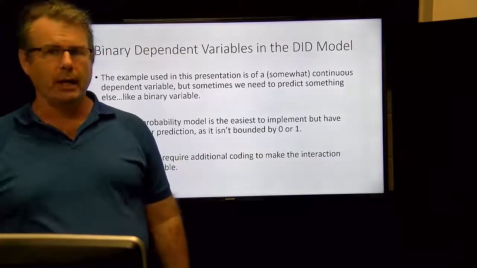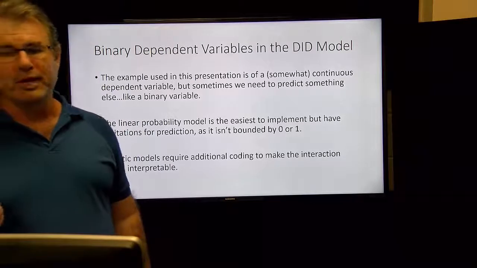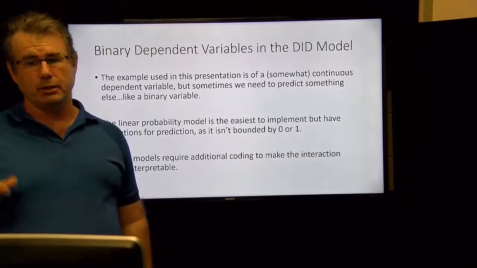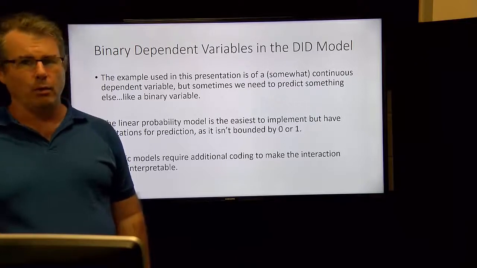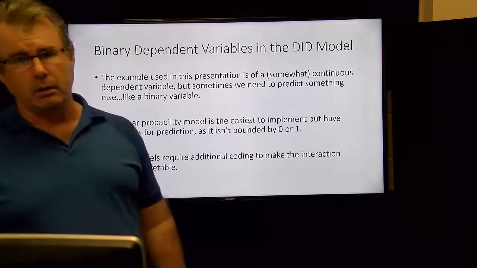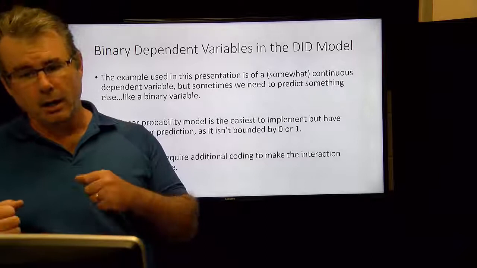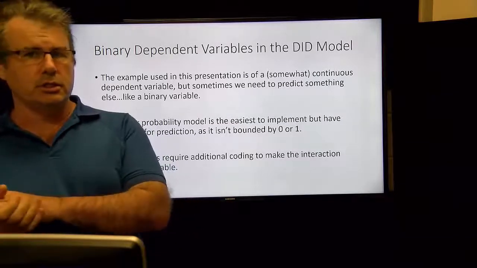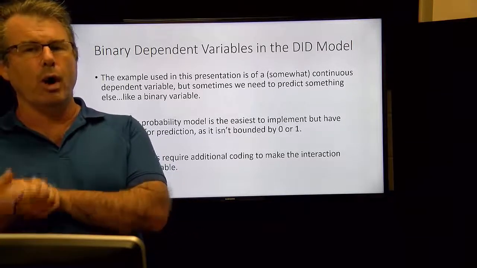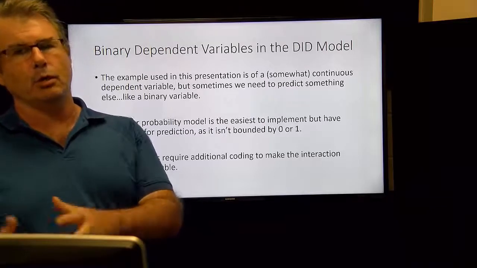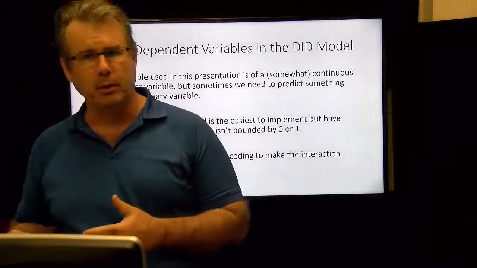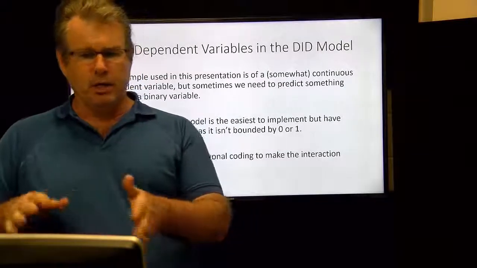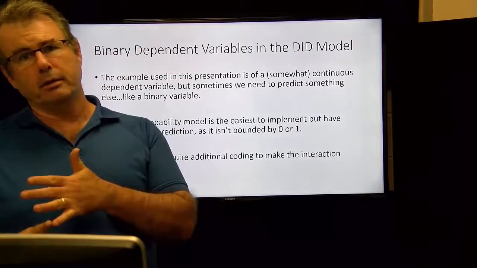And so it does create some prediction problems, especially in those areas where it's bounded. Another thing that you might want to try is using a logistic model. The problem with using a logistic model is that it requires additional coding in SAS in order to make it work.